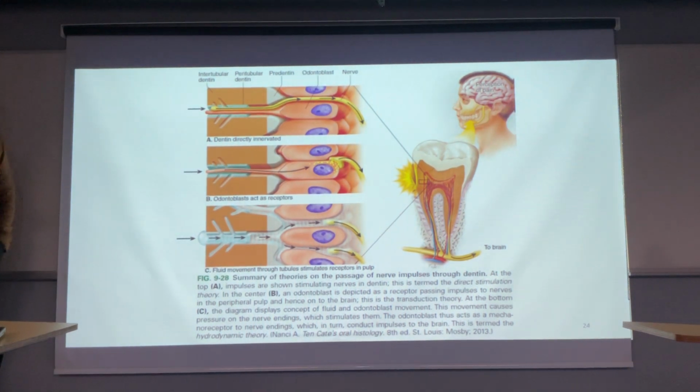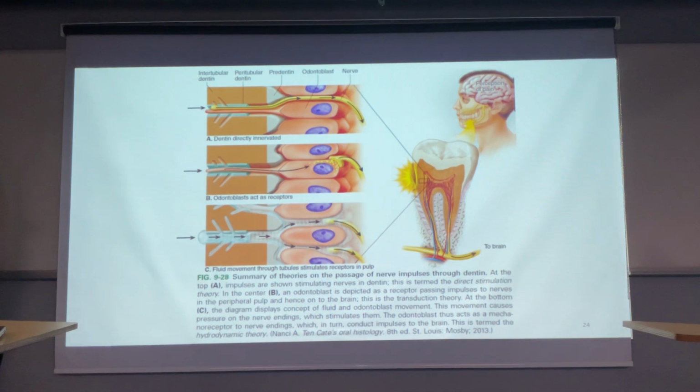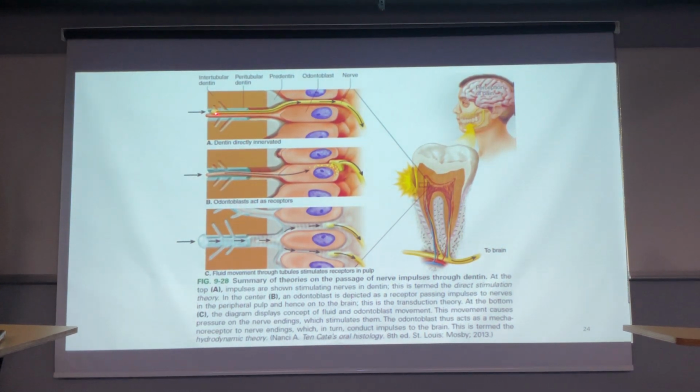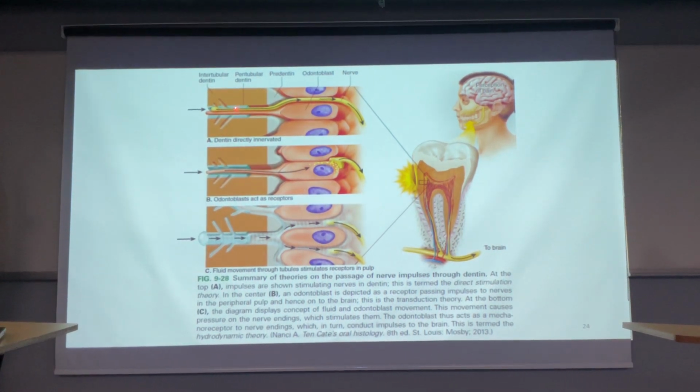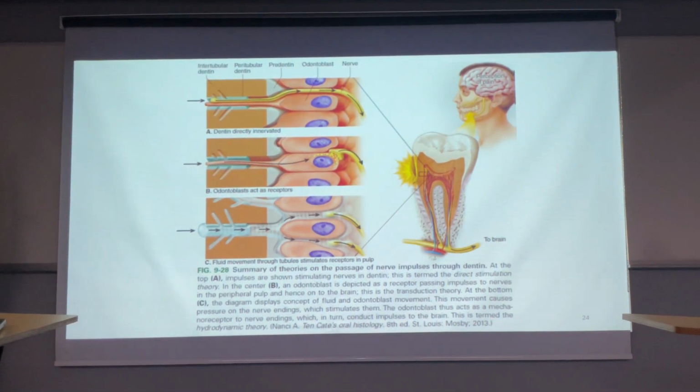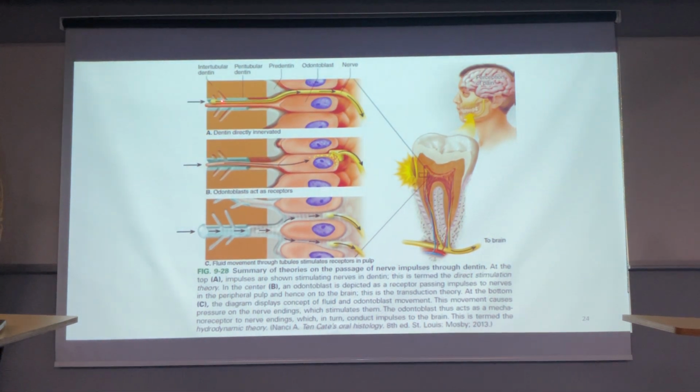In the first theory, we have direct dentin innervation. In this innervation, some nerve fibers cross the odontoblast and enter the area of peritubular dentin or the periodontoblastic space.